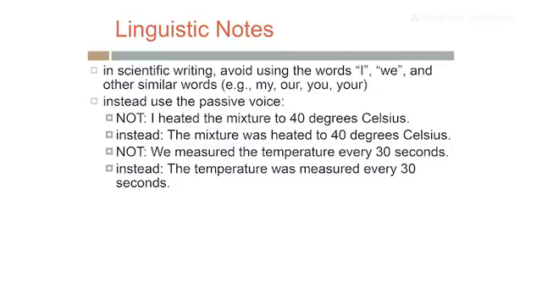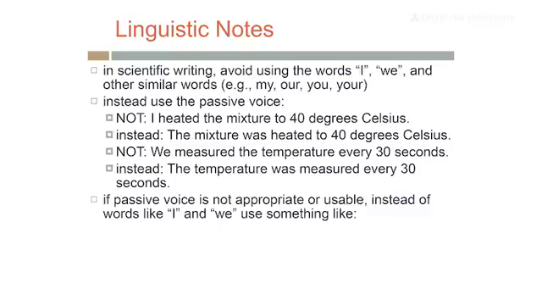It does not come up often, but occasionally you'll find yourself in a situation where passive voice doesn't work, or it just sounds very, very awkward. In those cases, instead of using I or we, use something like the present author. So the present author undertook this research in order to, and so on.